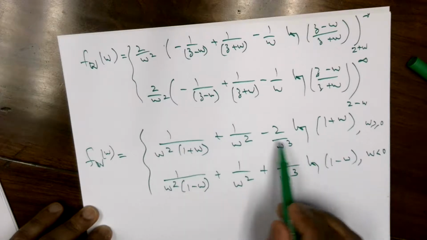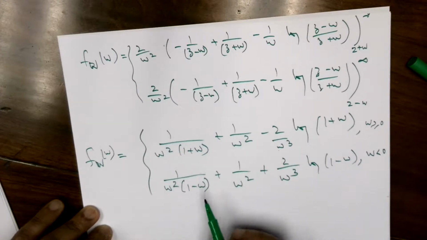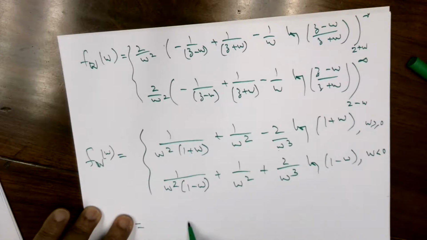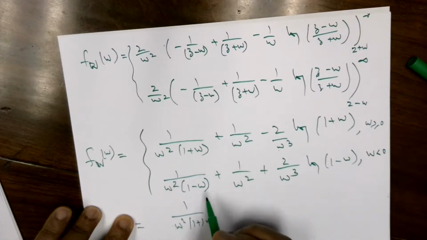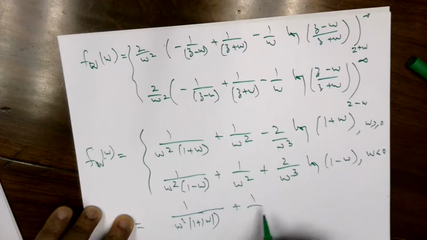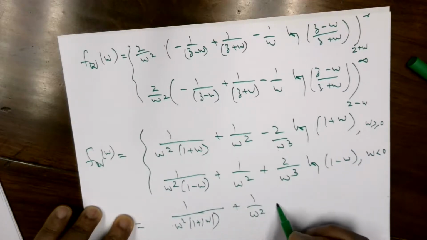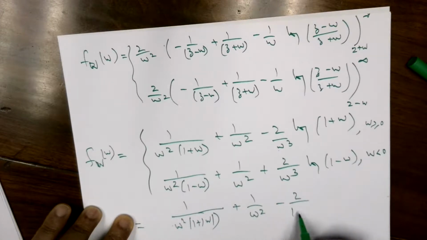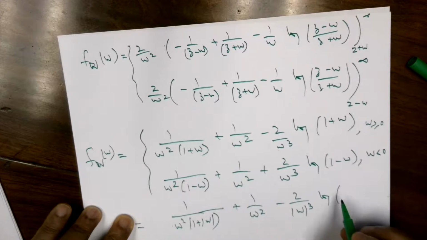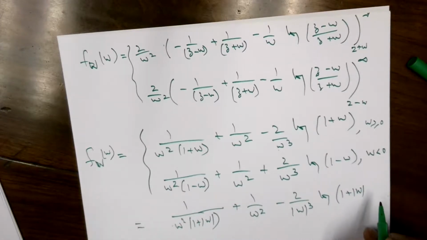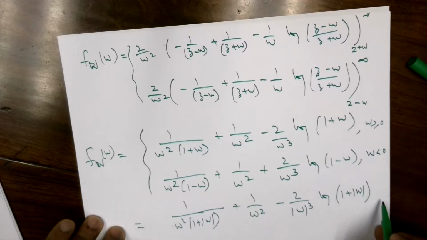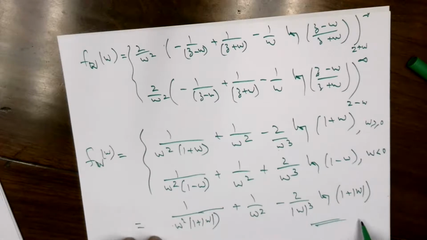I'm going to show that it's actually symmetric, because if you want, you can write this in this manner, since minus w here is plus. So that's for w between minus infinity and plus infinity.